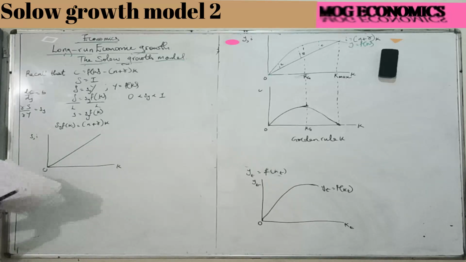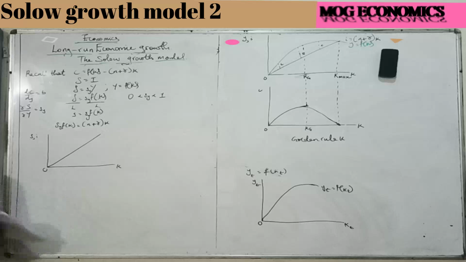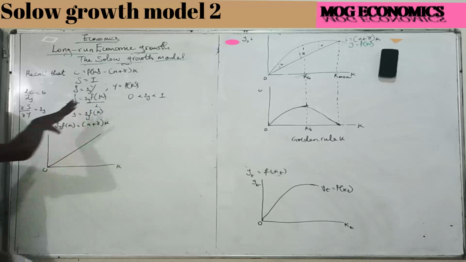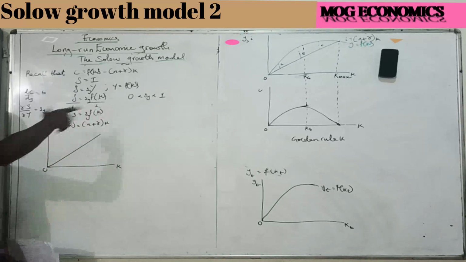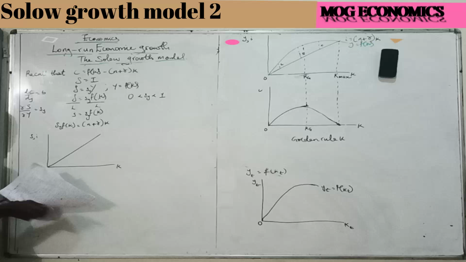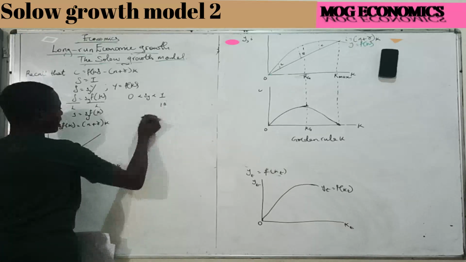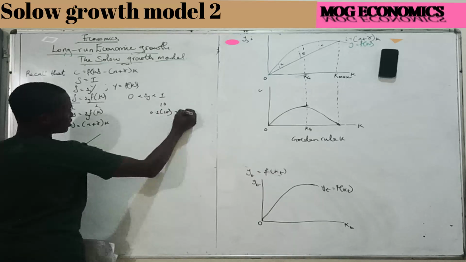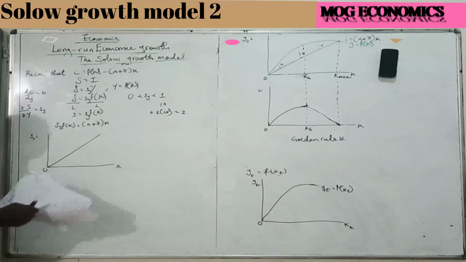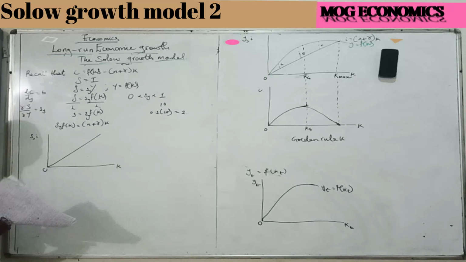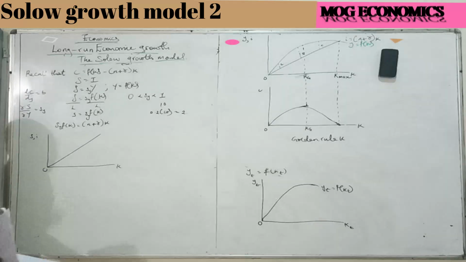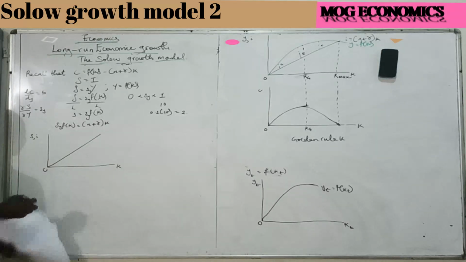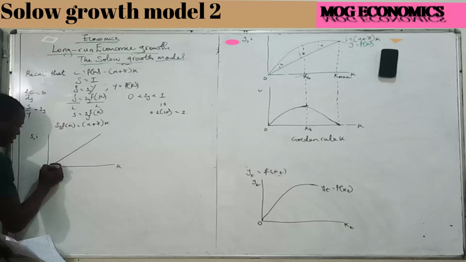Our saving, because saving is just something lesser than 1 multiplied by output, say output were 10 and the saving rate is 0.2, multiplied by 10, this is going to be 2. So the saving curve has the same shape as the output curve. What differentiates them is just that it is lower than the output curve.